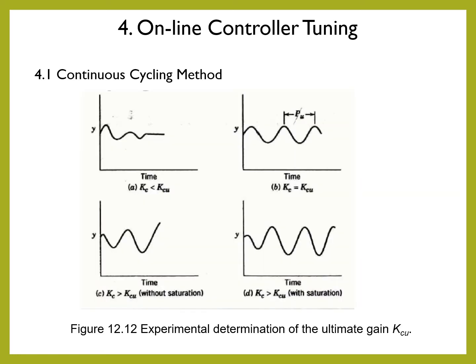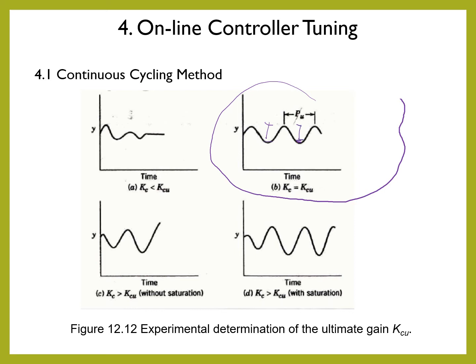So these are the common responses of the continuous cycling method. Now, can you spot the response with sustained oscillation or continuous cycling? Part A, B, C, and D. Which one? The sustained oscillation is shown in figure 12.12b, which produces the same amplitude.